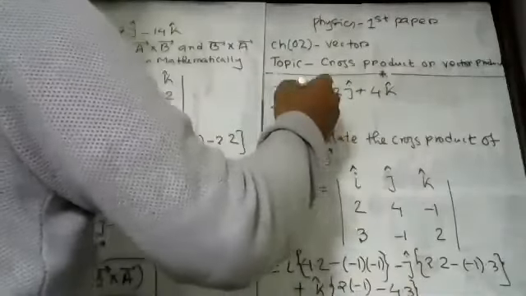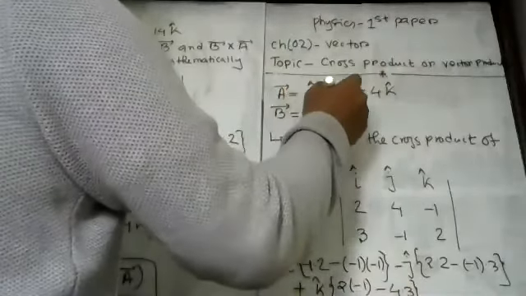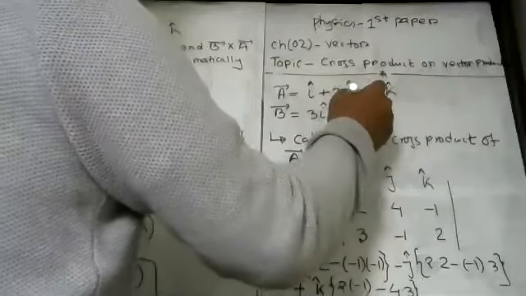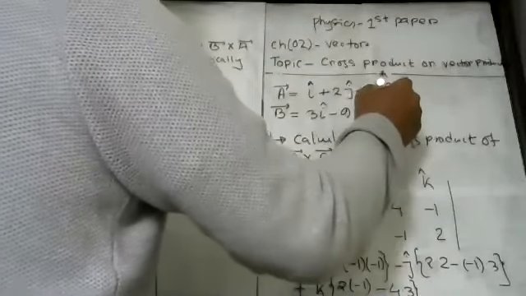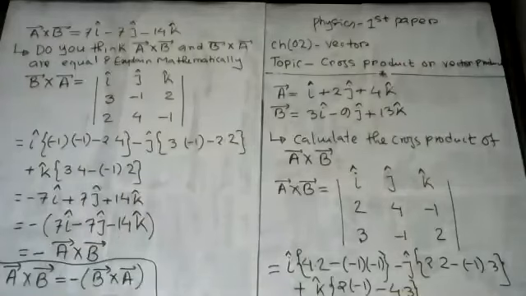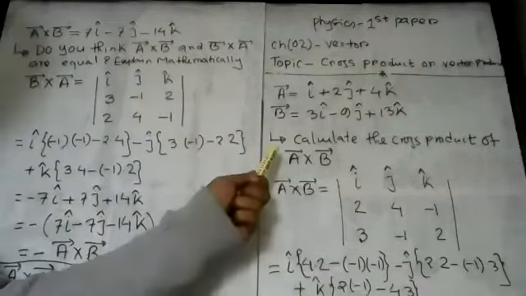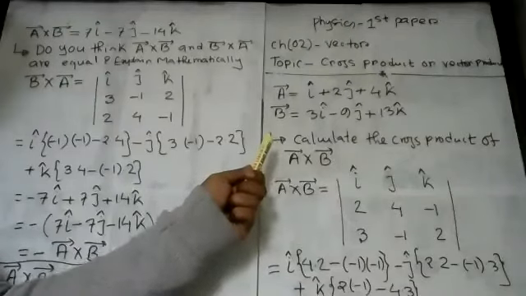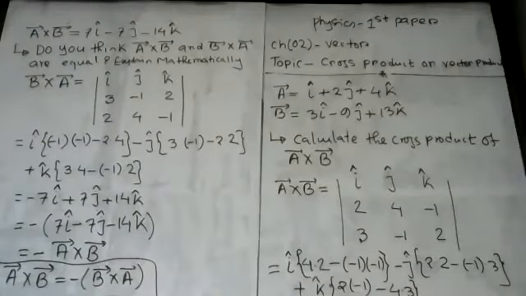The second one is, my dear student, 3i hat minus 9j hat plus 13k hat. Now, on the basis of this, please solve the first question, that is just like question number C, and the second question, just like question number D.